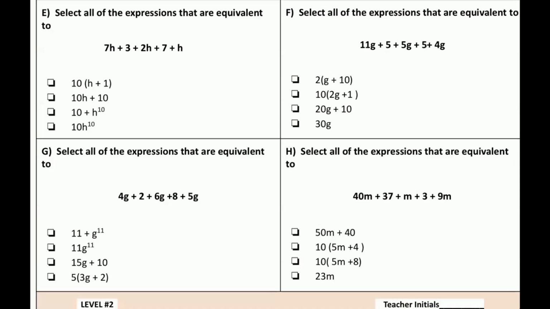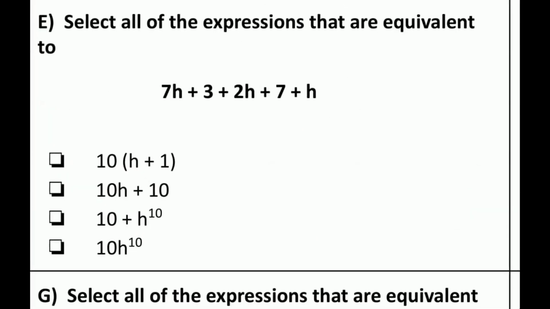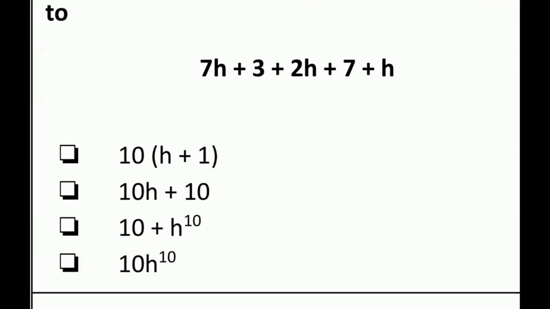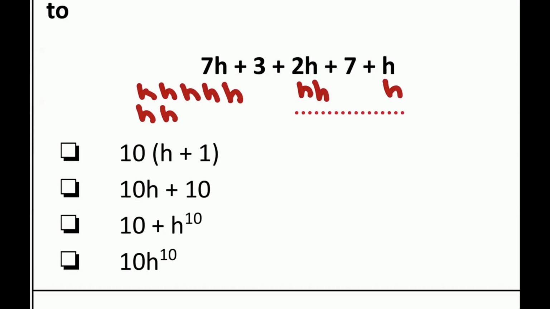This video won't go over A through D, but I do want to take a look at problem E. To select all of the expressions that are equivalent, and you notice there's no parentheses, we're not multiplying, we're adding. So whenever we're adding variables, sometimes it helps to write out our variables. For example, if I have 7h, I can literally write h 7 times. And then I have another 2h here, and then just 1h over here.